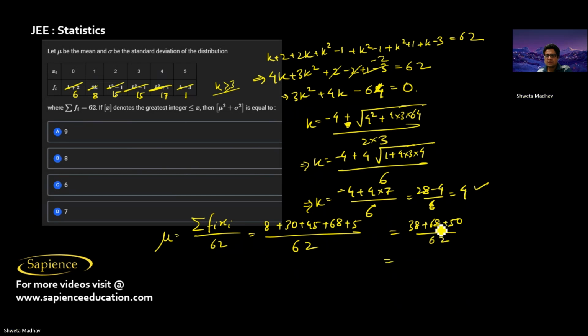Now this will be 156 by 62. And this would be 2 threes are 6, 2 ones are 2, 2 sevens are 14, 2 eights are 16. So this is the μ value, which is the mean, 78 by 31.